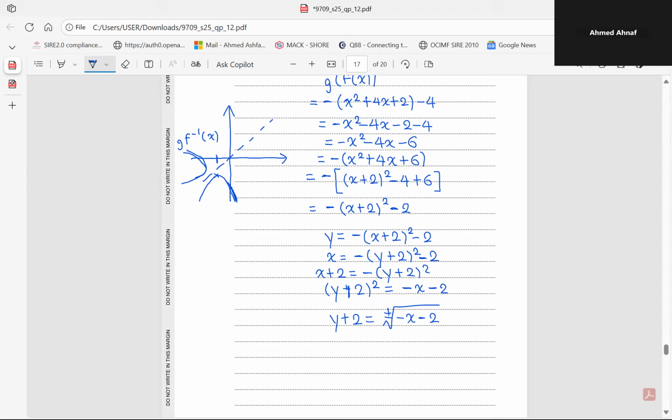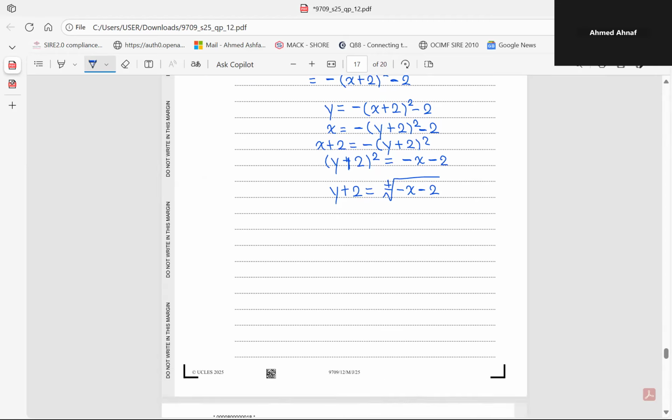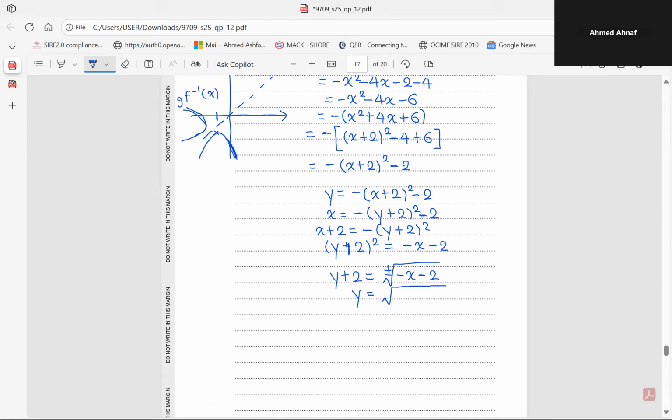And the values of y are for both. So yeah, we're just going to take both the positive and negative square root. So y would be equal to, okay, let's take the negative square root as well, square root of negative x minus 2, minus 2.